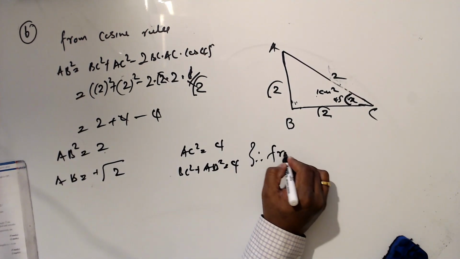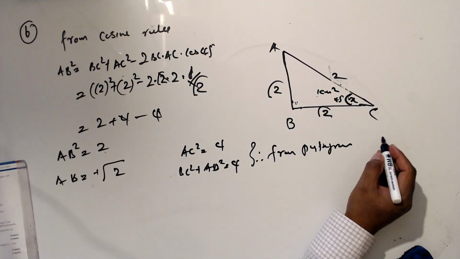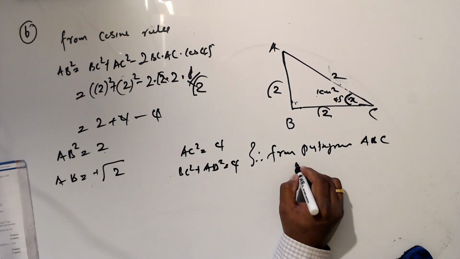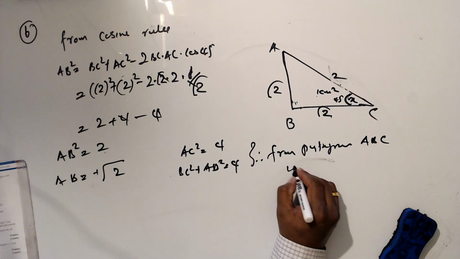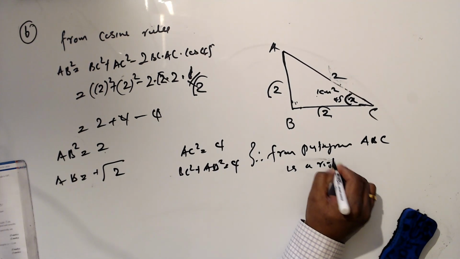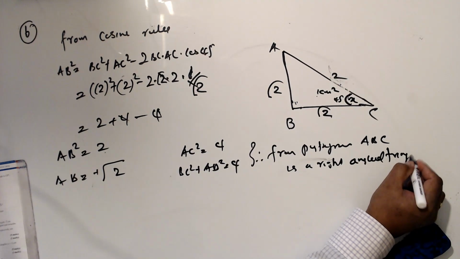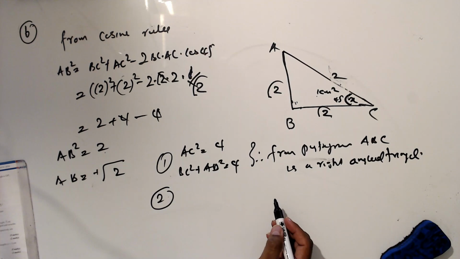Hence, from Pythagoras, ABC is a right angle triangle.